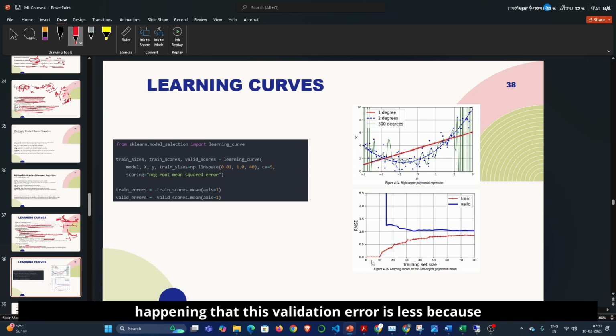Why is the validation error less at first? Because for a smaller data set our model works fine, but as the data set increases, capturing every pattern to make a generalized model is a huge deal. In the first few example instances it can, but the next ones it can't.